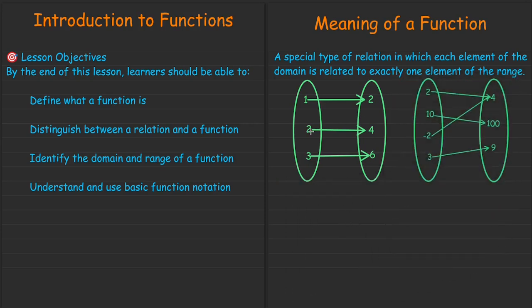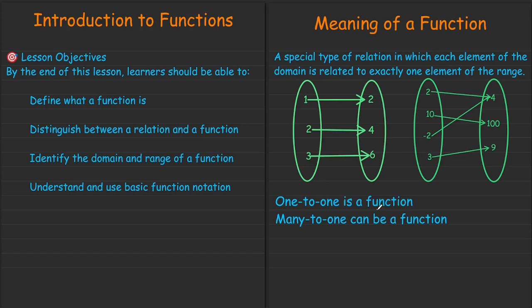Now this we have over here on the left hand side is a one-to-one relation, and this on the other hand is a many-to-one. Many-to-one. So we say a function is a one-to-one relation or a many-to-one relation.